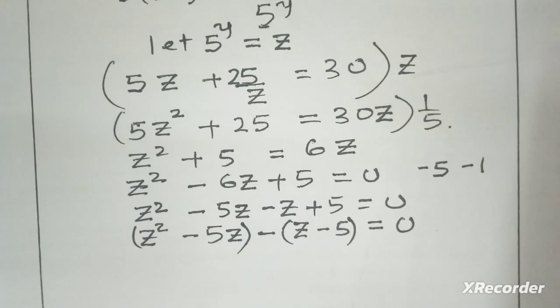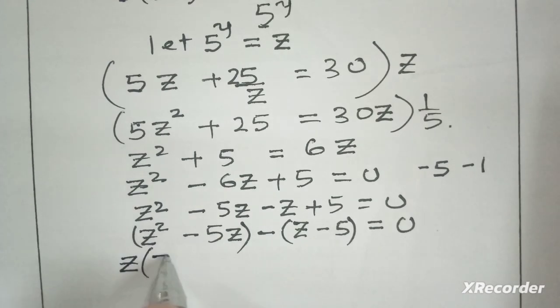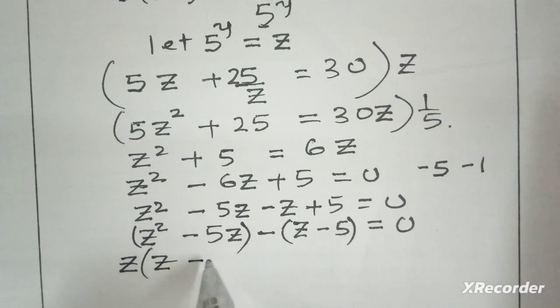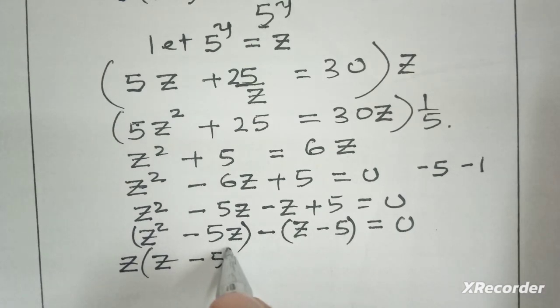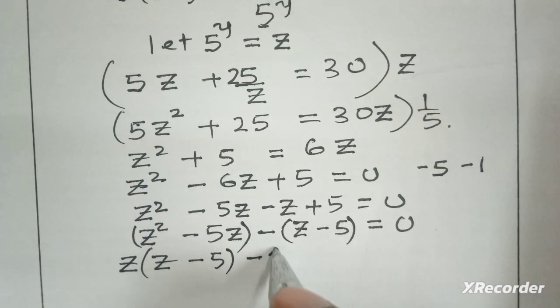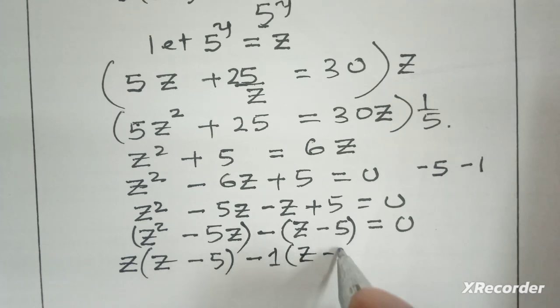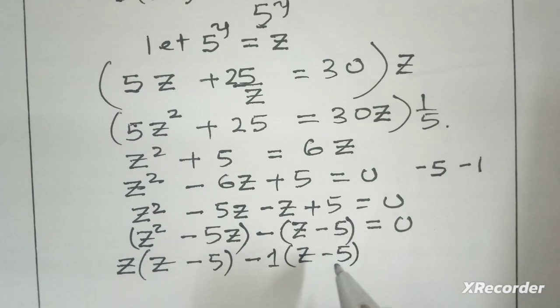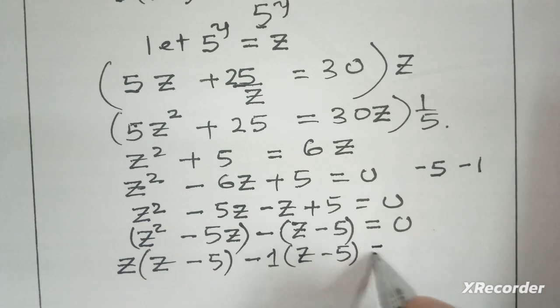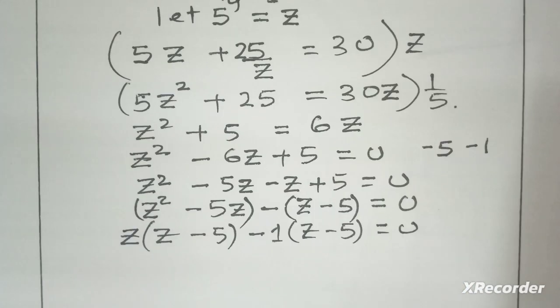From there, guys, I can now factor out z here. I'm left with z minus 5, minus, let me put 1 there, z minus 5, like that. This is equals to 0.